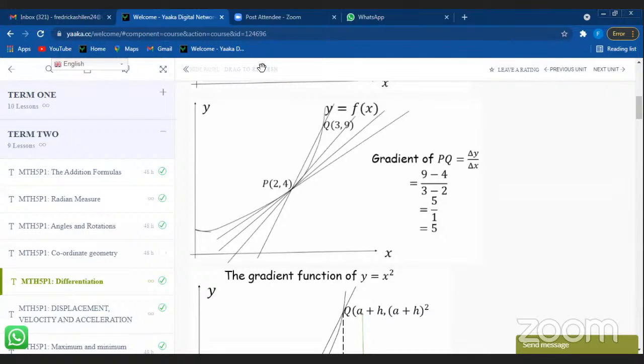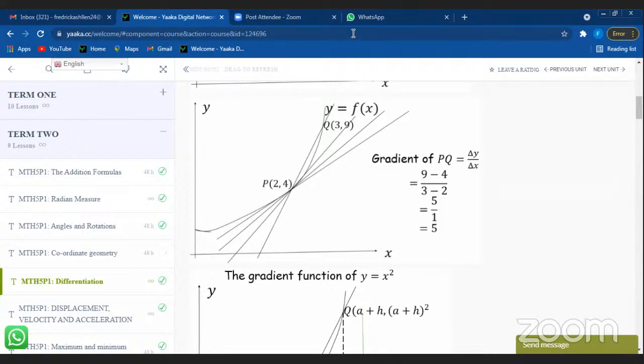Kellen, what are you able to see? Emily, what are you able to see in this image here? All the lines have the same meeting point.